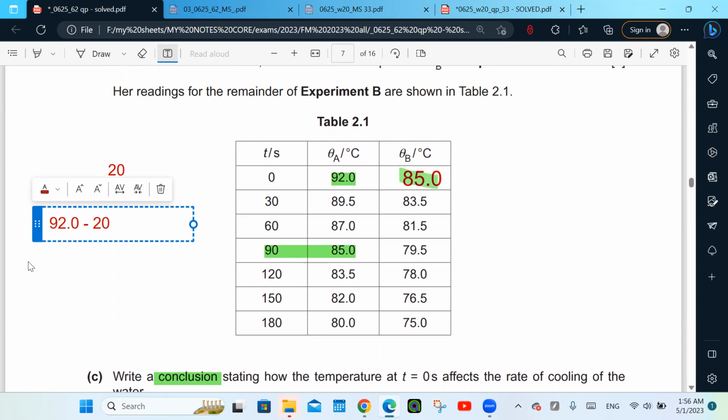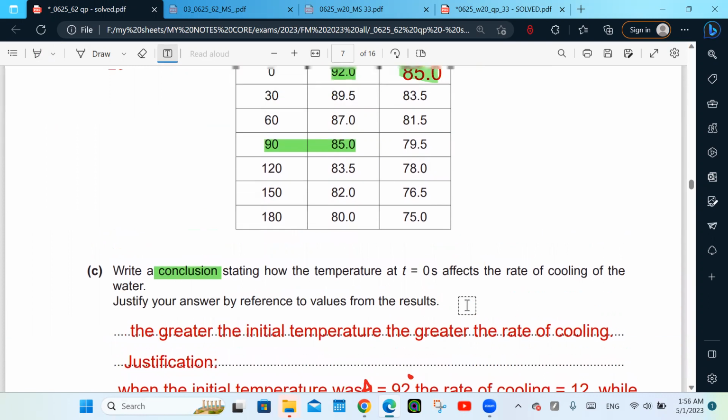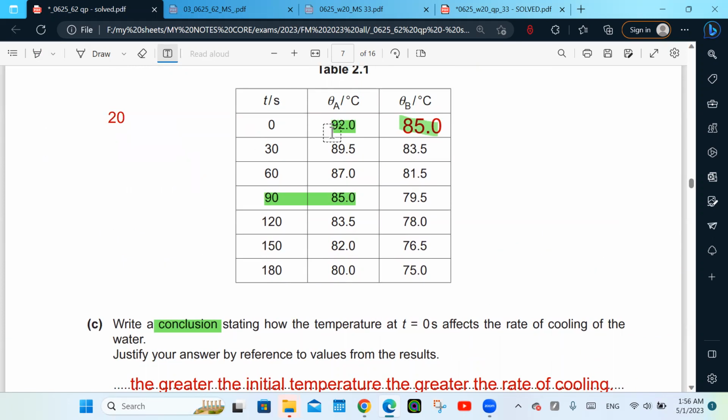So the difference between the room temperature and the initial temperature for experiment A was greater. So I predict that the greater the initial temperature, the greater the rate of cooling. Okay, how can we justify our answer?